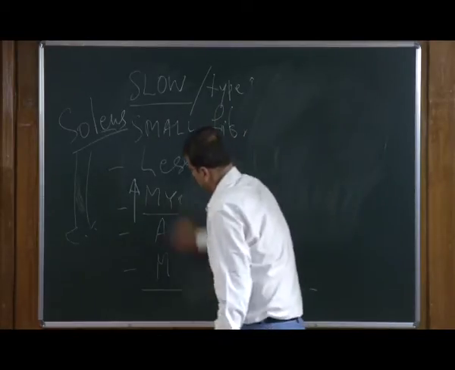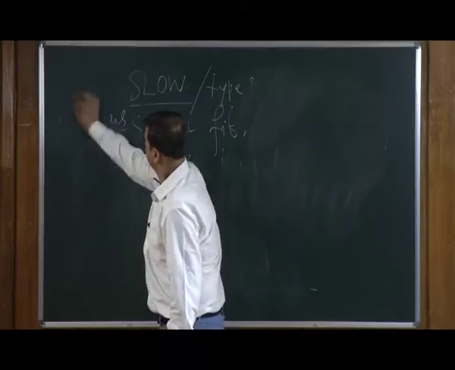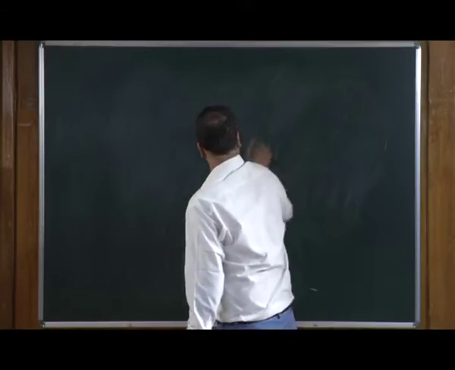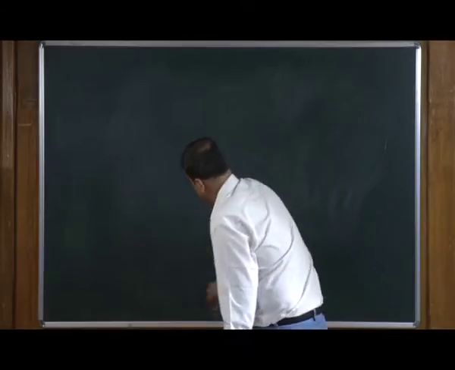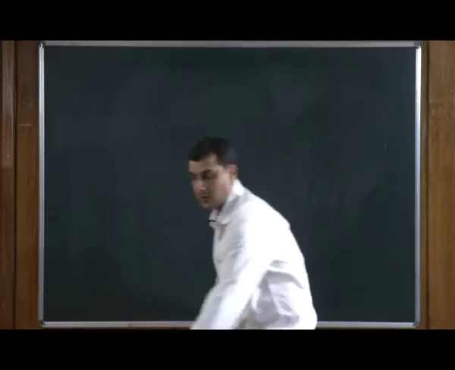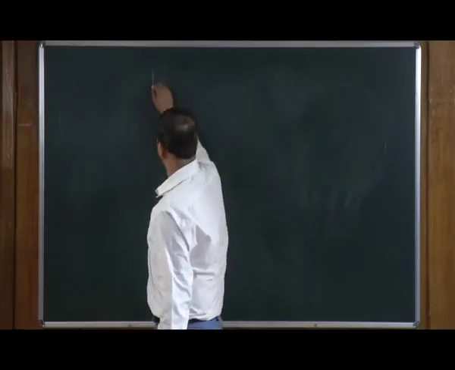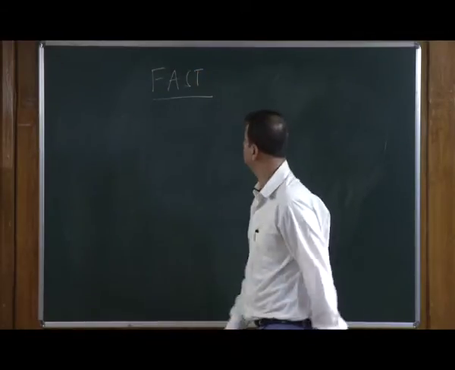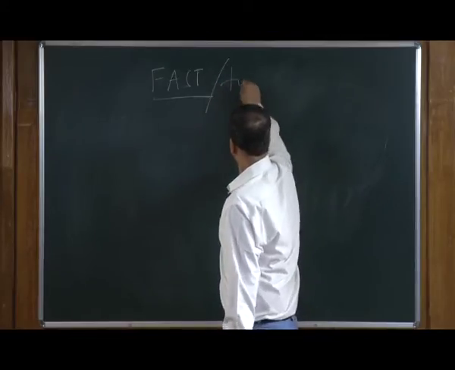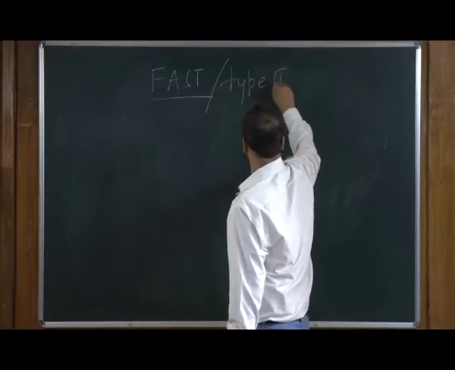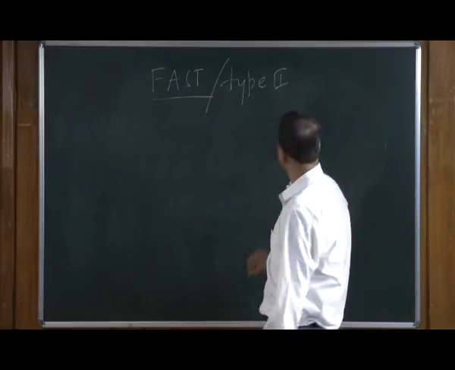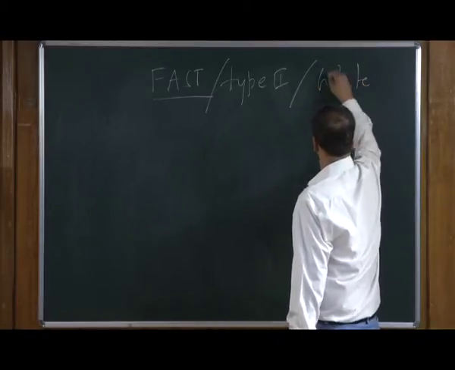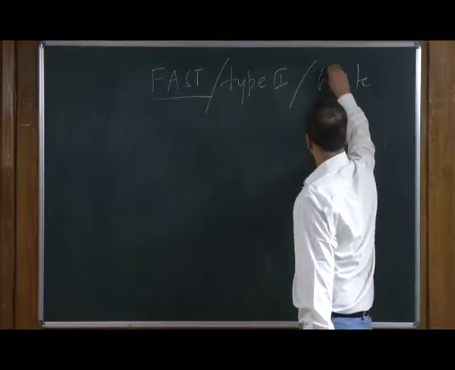We have another type. Opposite to slow, we have fast. So, this is fast muscle. These are also called type 2 muscle, or white muscle, instead of red.